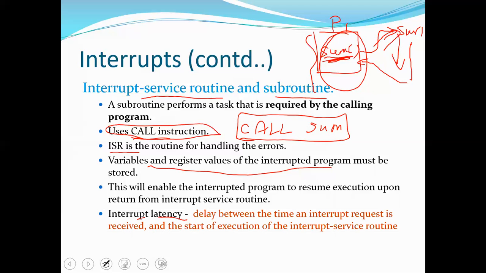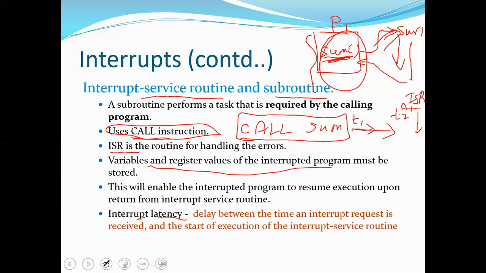Now, interrupt latency is this: suppose an interrupt has occurred, and then the interrupt service routine starts executing after some time. Suppose the interrupt has occurred at time t1, and the interrupt service routine starts to execute at t2.